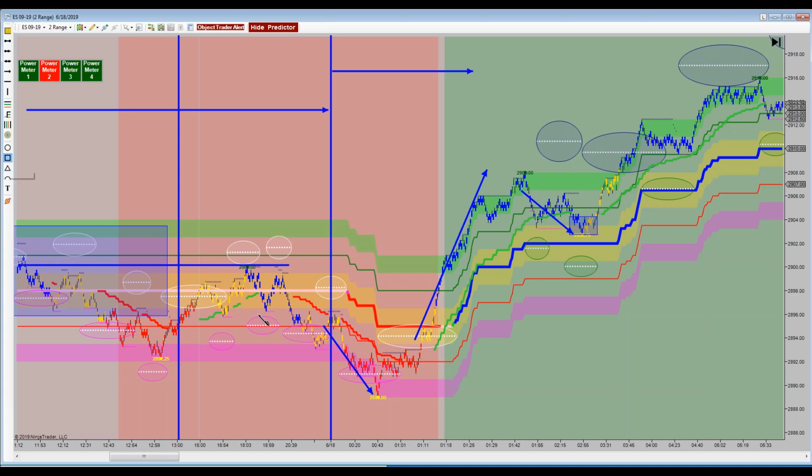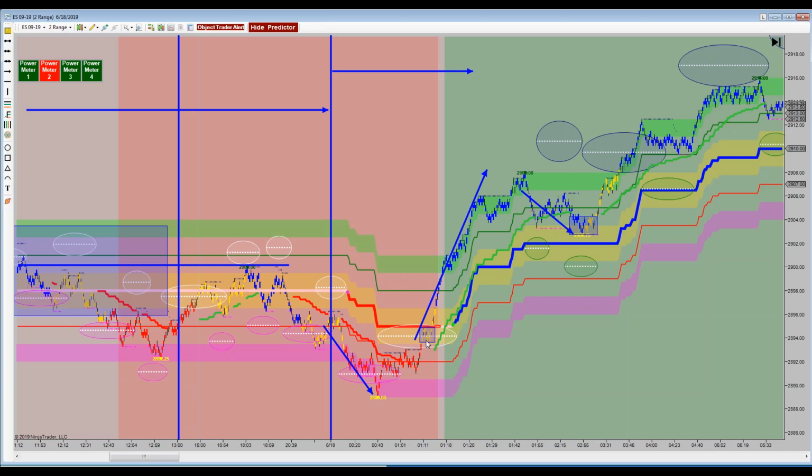You did have a little pause here. I don't know how long it sat here, not very long. You could have actually put a little region box in there using Object Trader and caught part of that long. I don't know where you'd get filled. Looked like it moved pretty quick. You may have had some news in the European session that prompted that to occur.